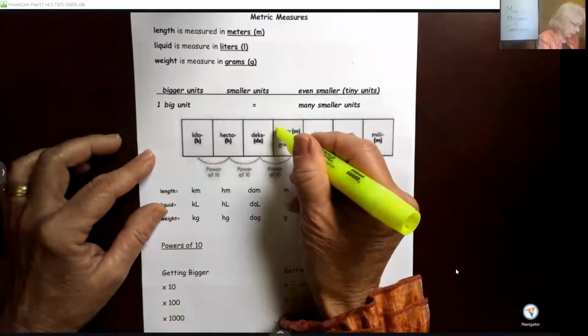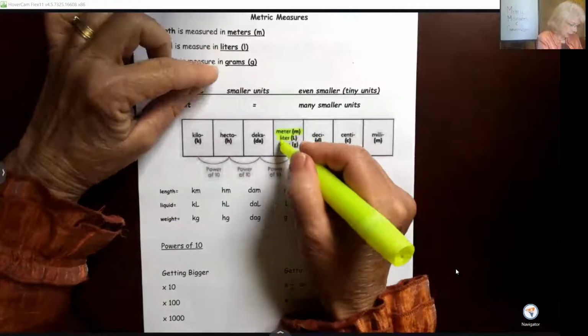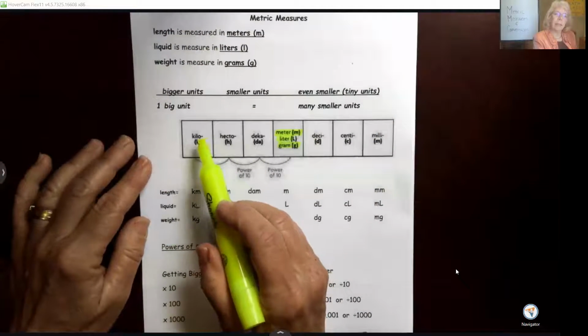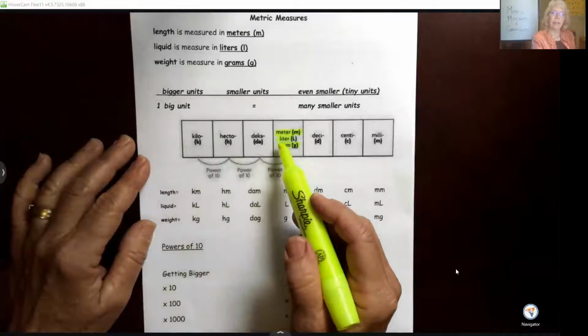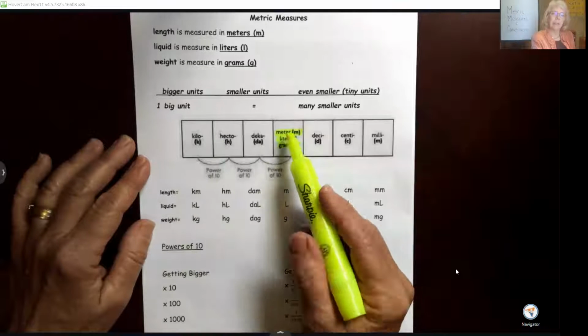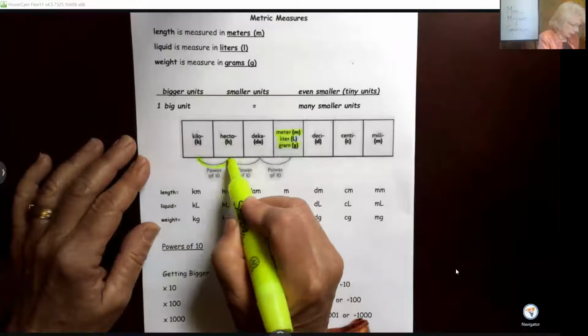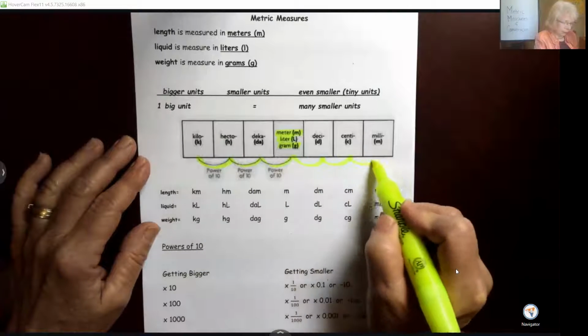So each of these are in the middle: meters, liters, and grams. And this part at the beginning of the word tells you how many powers of 10 it is in comparison to that standard. So each time you hop, you get a power of 10. And this keeps going all the way over here.